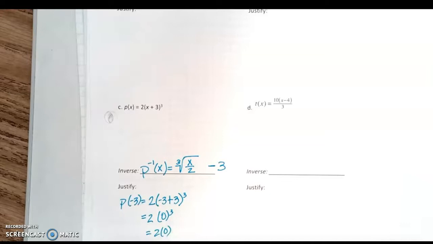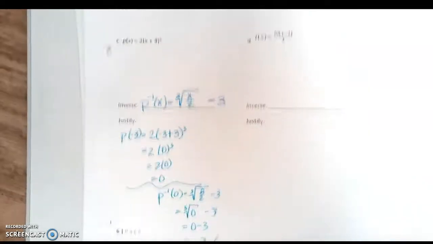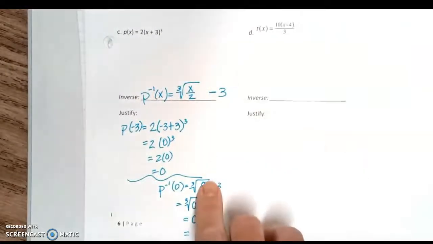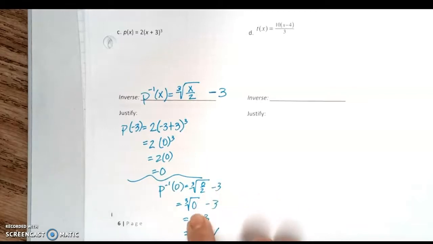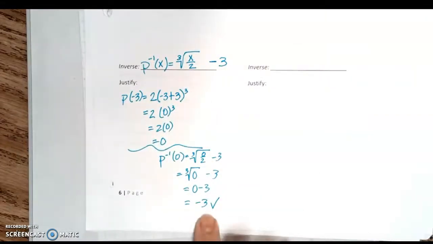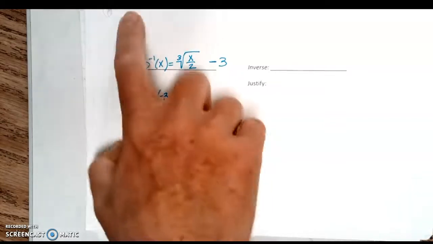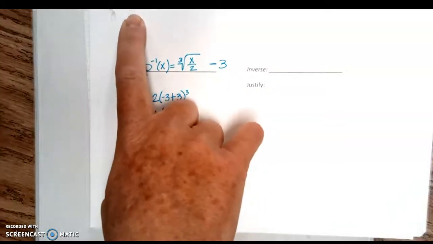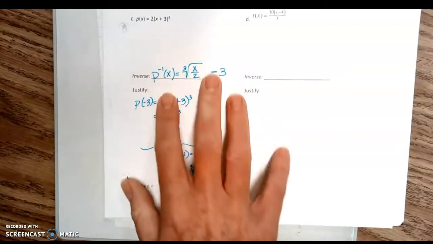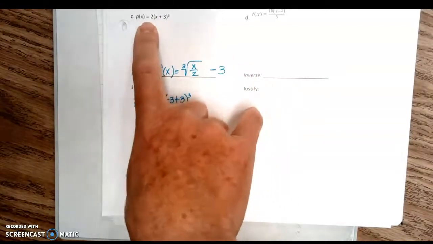Okay, so let's plug in 0. So 0 over 2 is 0. The cube root of 0 is 0. And 0 minus 3 is -3. Okay? You're going to take the function that they give you.